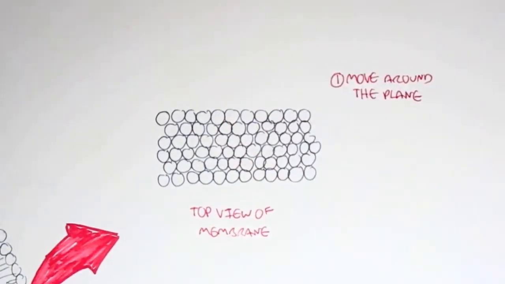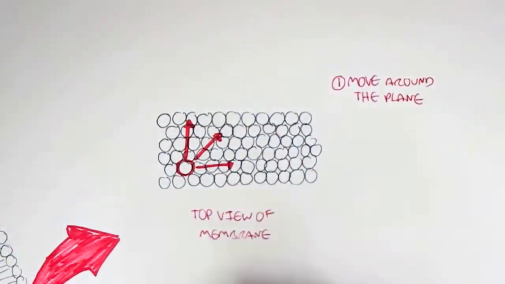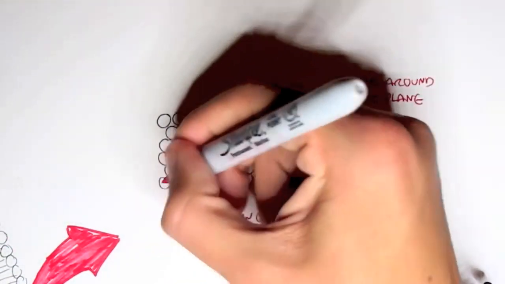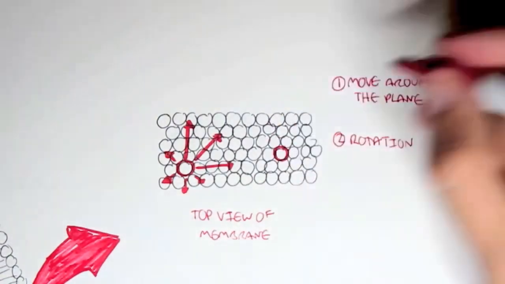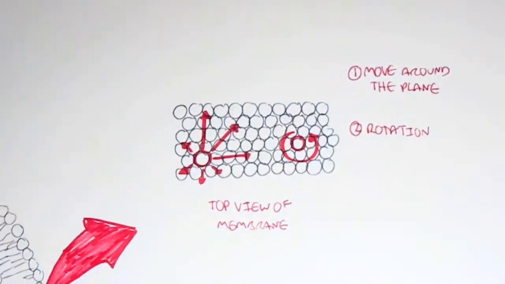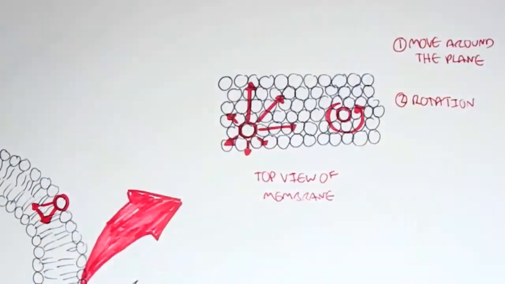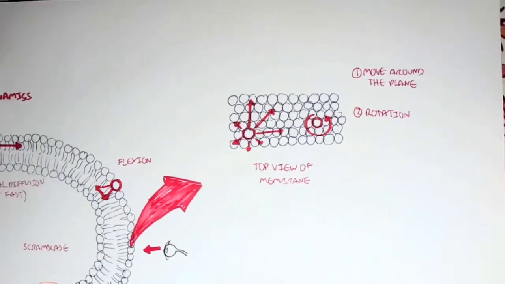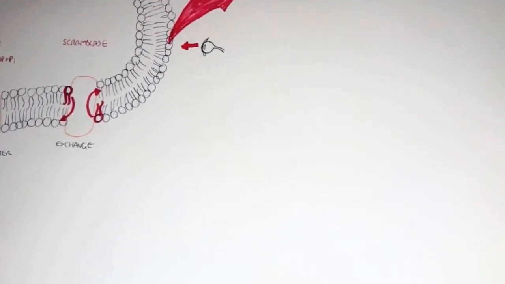This is like lateral diffusion from the uncatalyzed version, but essentially it can move anywhere within the same layer, around the same plane. And two, the lipid itself can rotate, because it is in constant motion. And finally, I would like to mention that the fatty acid chain can flex and move around, because there's a sort of fluid environment within the bilayer.